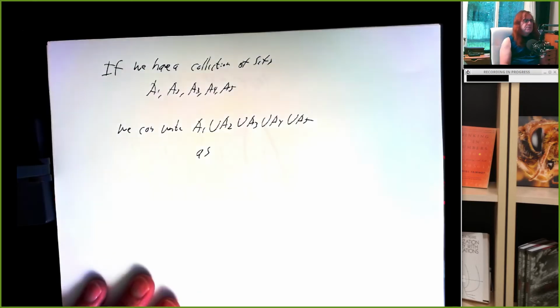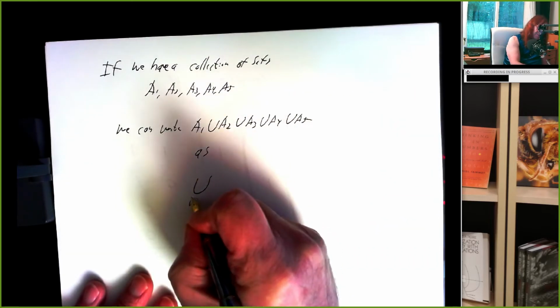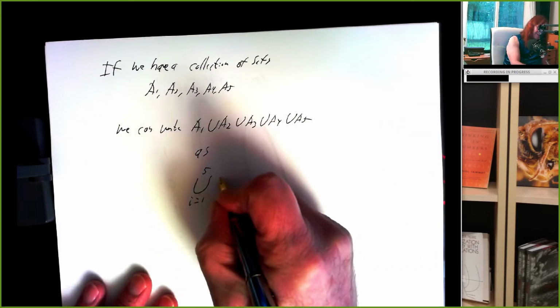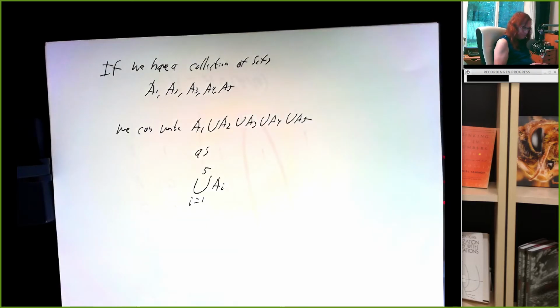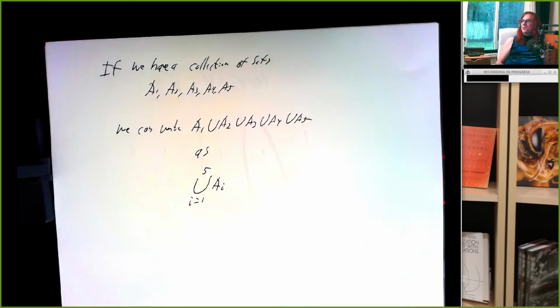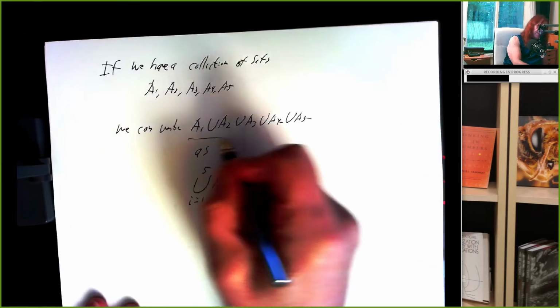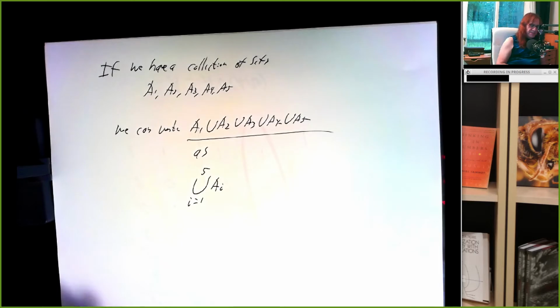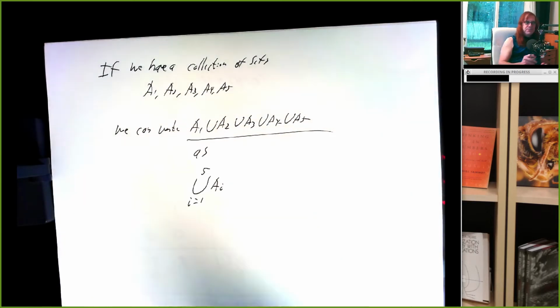We can write a shorthand notation for this, which would be something like the union from i equals 1 to 5 of A subscript i. This is like summation notation that you see in algebra. It's a concise way of writing this big long expression by saying, hey, let's just take A1, A2, A3, A4, A5 and throw a union in between them.